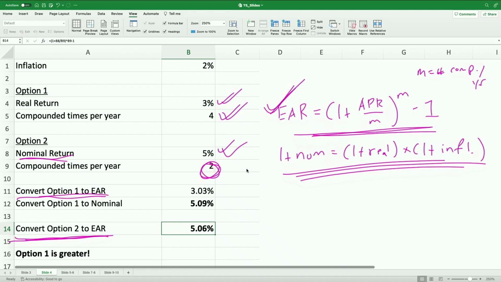So what is our conclusion when we juxtapose 5.09% and 5.06%? Option 1 is greater than option 2 when they're both in common terms. They're both nominal EARs.